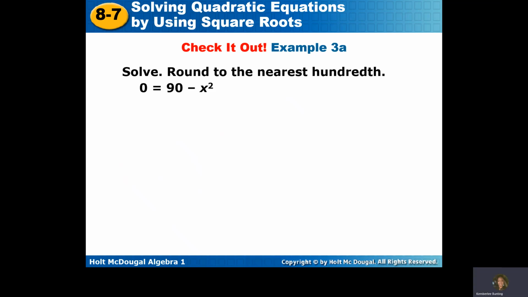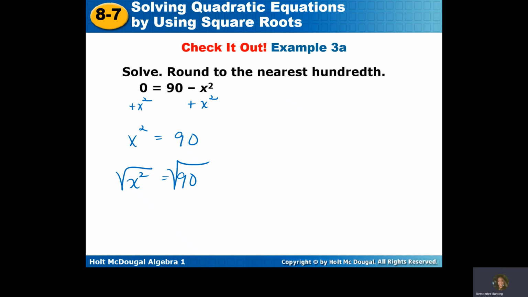All right, y'all see that minus x squared? If you can manipulate things to keep your x squared term positive, do so. If I were working this problem out, yes, you can move the 90, right? But I would move the x squared by adding x squared to both sides. And then I would take the square root of both sides.